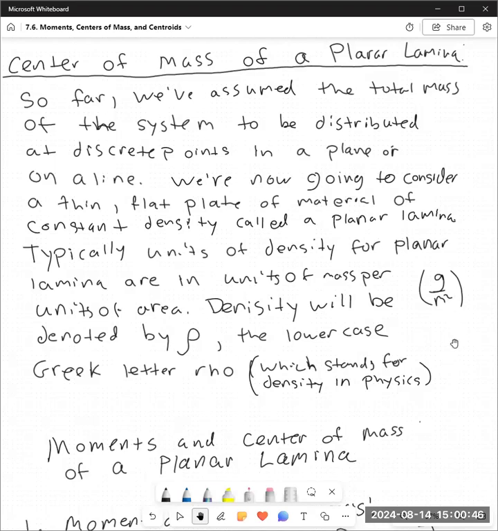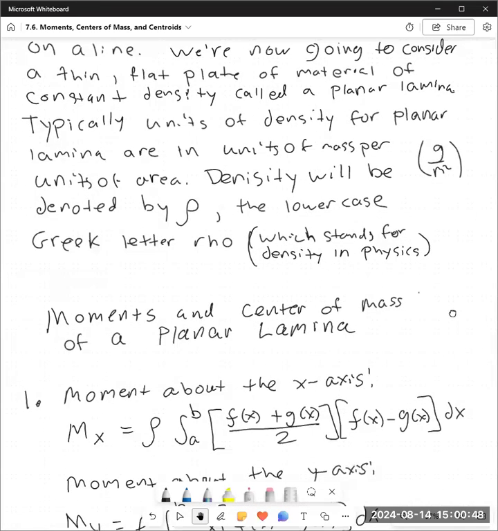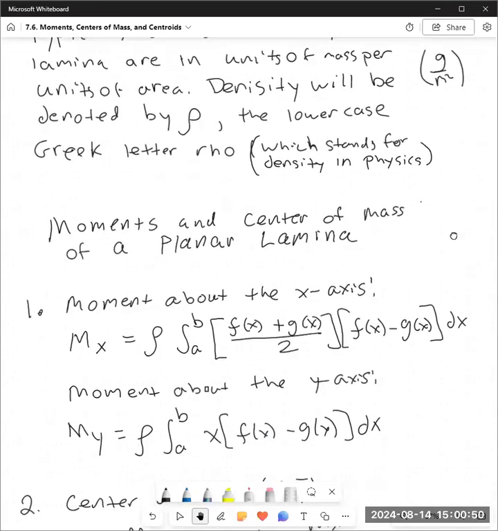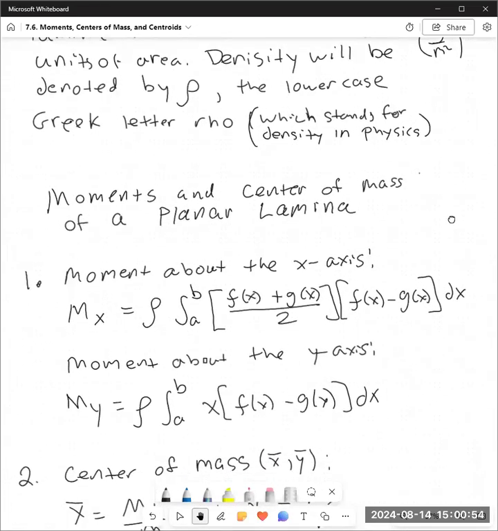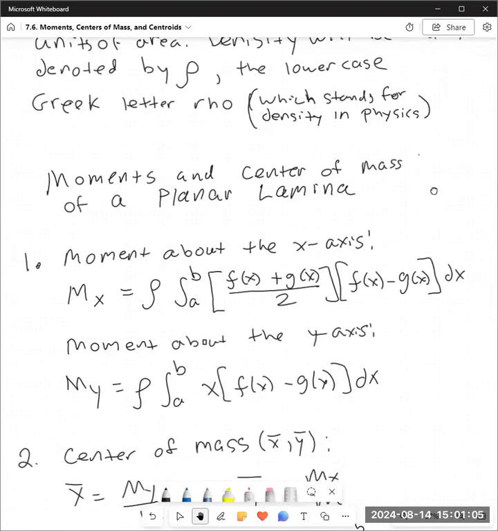Not that we can't have density functions in calculus that are mass per unit volume, just not in these problems that we're doing right here in two-dimensional calculus. We'd have to save those for three-dimensional calculus. So density will be denoted by rho, the lowercase Greek letter rho, which stands for density in physics.